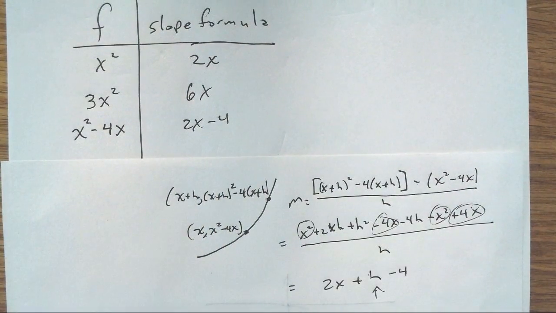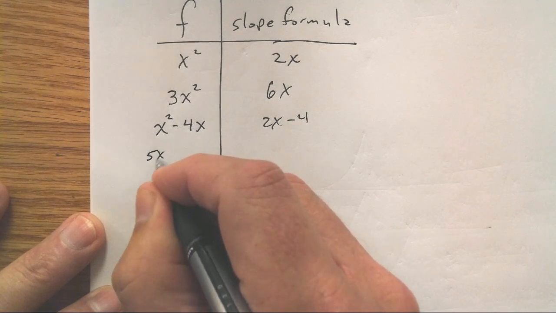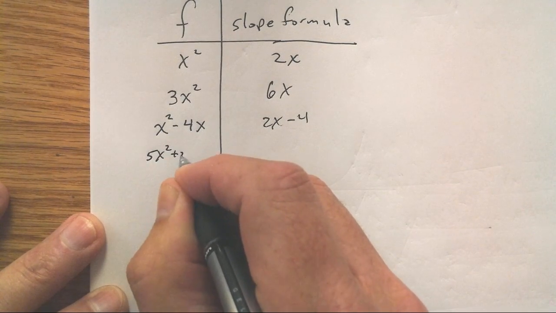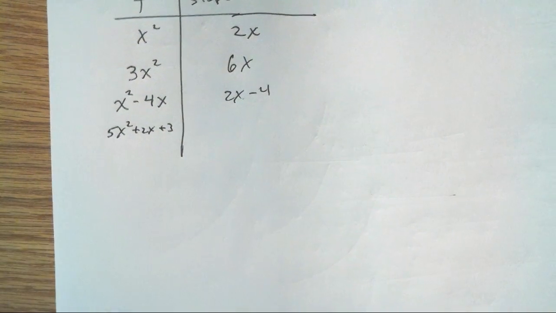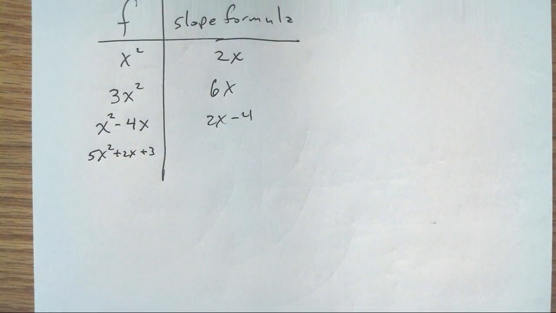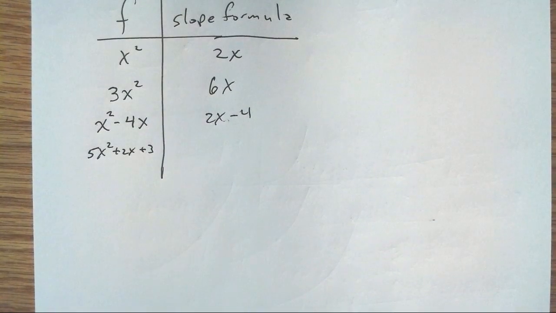Hands if you had 2x minus 4. Yeah, numbers went down just a little bit, but I bet they go up on this next one. Okay. Study that one a little bit. See if you can make sense out of this one.